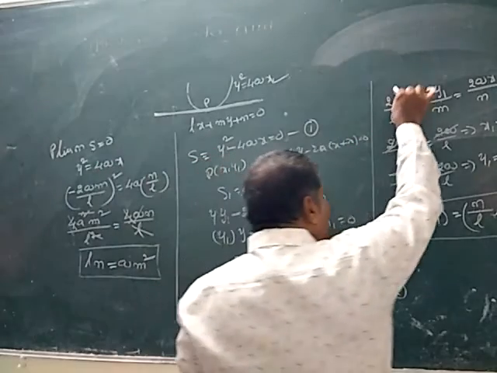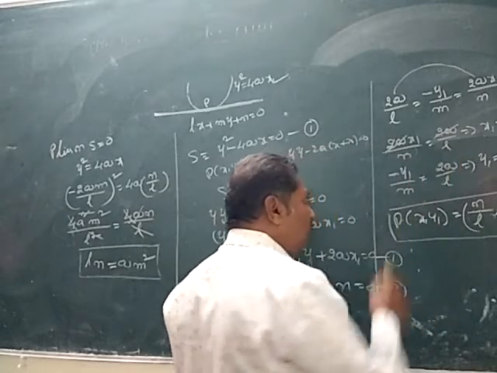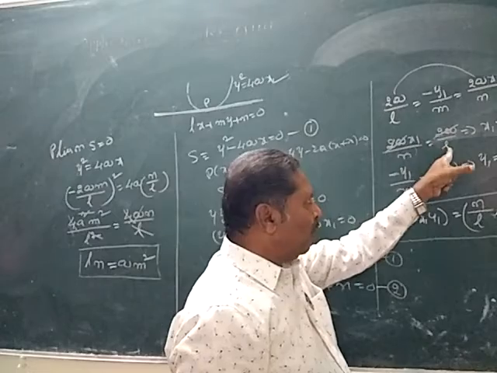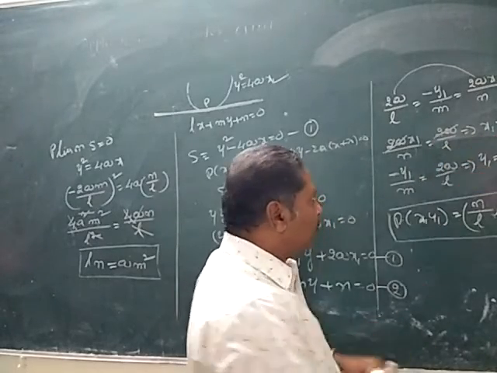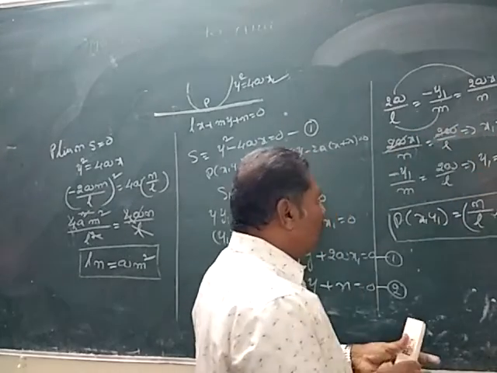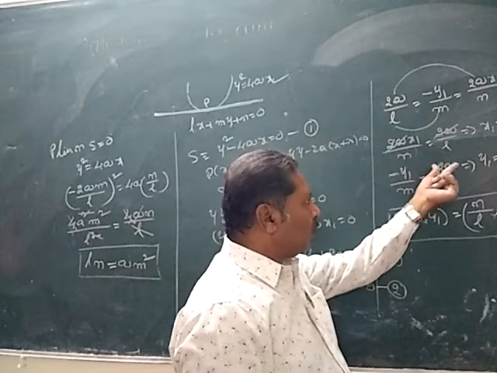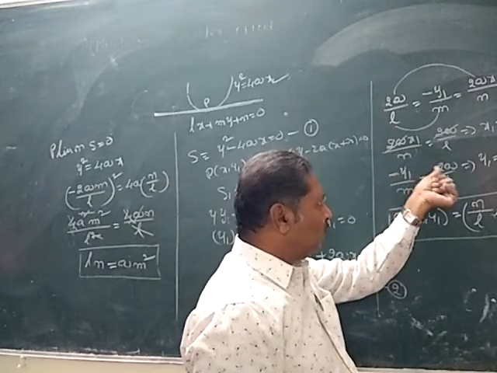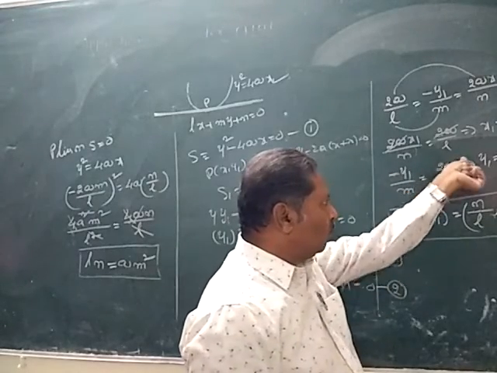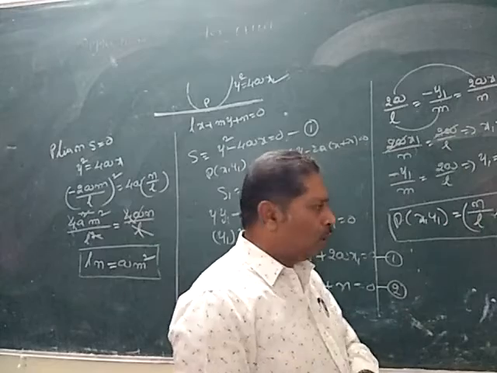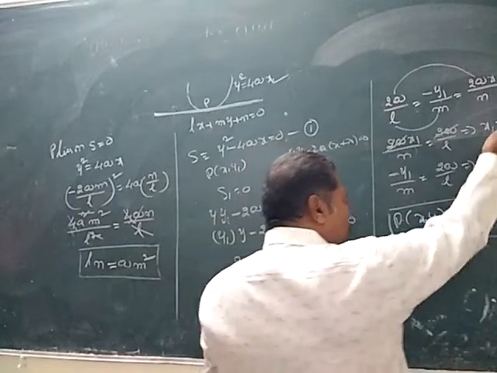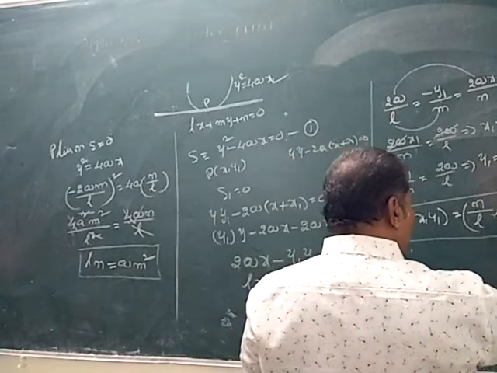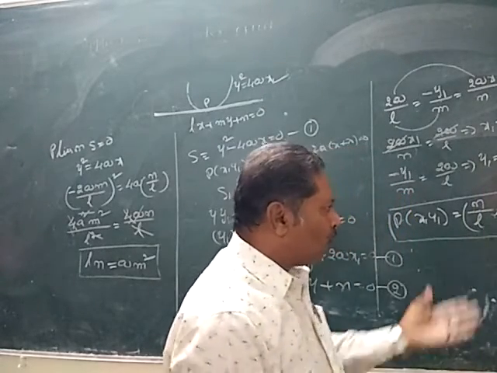Take these two: 2a cancel, x1 value is n by L. Take these two: minus y1 by m equal to 2a by L. So y1 value is minus 2am by L. So point of contact: x value n by L, y value minus 2am by L. This is also a formula.